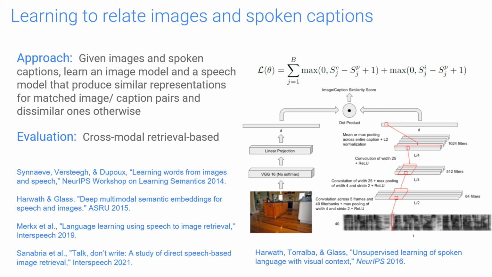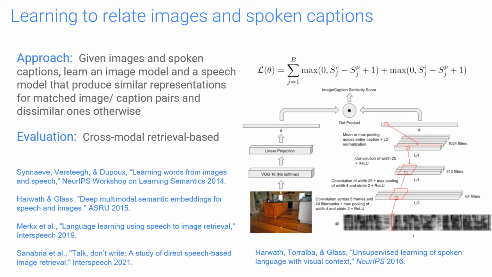And the most common approach for learning has been using a pair of encoders, one for the audio and one for the visual modality, that are learned with a contrastive loss of some kind, so that matched image and caption pairs produce similar representations and mismatched ones are dissimilar. And the figure here is one example of this style of model taken from Harwath et al.'s NeurIPS 2016 paper.